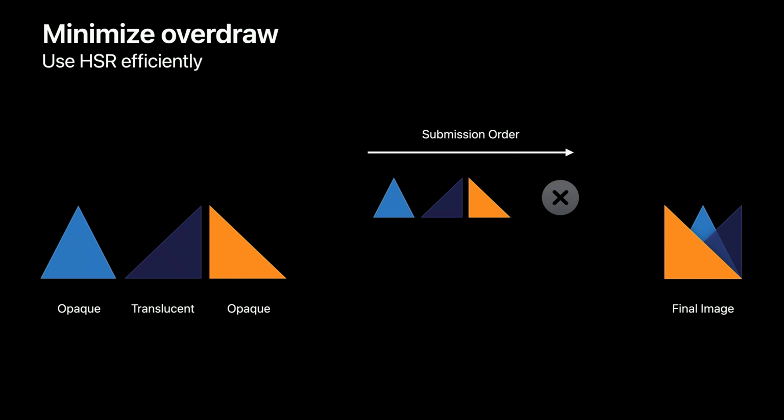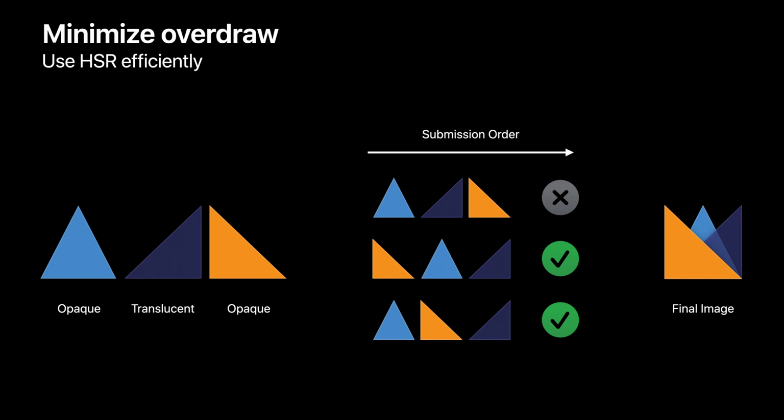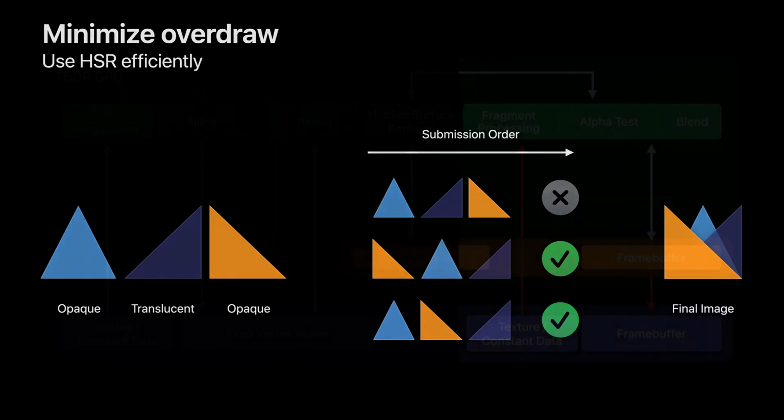HSR will need to flash all of the pixels covered by the translucent primitive. Many of these pixels shaded will soon be occluded by the next primitive and then shaded again. To maximize efficiency, render all of the opaque geometry first. We don't actually need to sort opaque meshes. As long as we submit them before the non-opaque meshes, HSR will be very efficient.